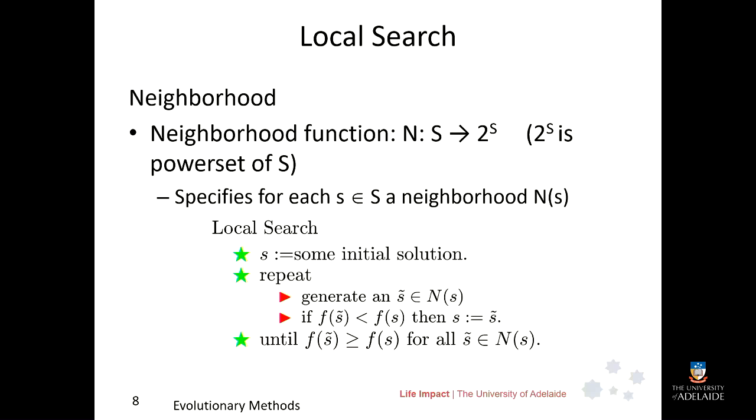Well, so the question is, how do you define the neighborhood, right? If I do a small neighborhood, let's say just one bit, then I can explore it quite easily. But the problem might be that I just get stuck, right? So if I have a neighborhood that is, let's say, covering the whole search space, then I cannot search it efficiently usually, but I don't get stuck.